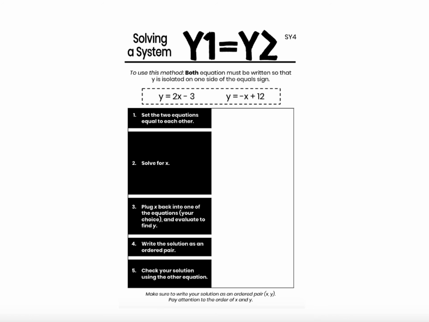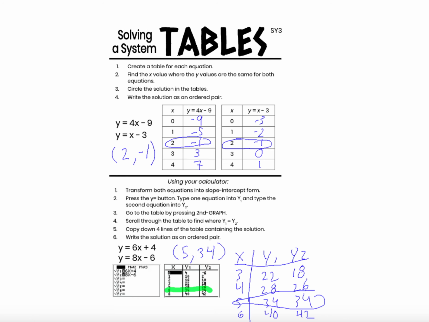Let's go ahead and look back at our previous toolkit where we solved using tables and use these tables to remind ourselves that the solution to the system is the x and y that exist for both equations. So for most values of x, the two y values are different given the two different equations. So when x is 1, 4x minus 9 is different than x minus 3.